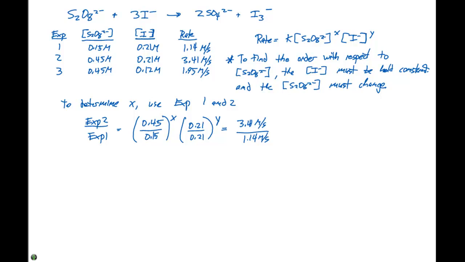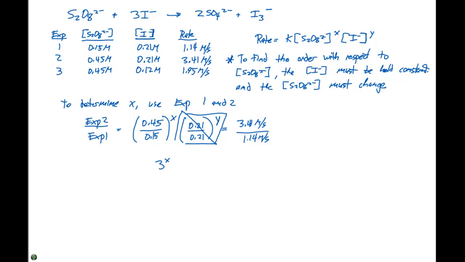As you can see, this term right here, 0.21 divided by 0.21, is going to be 1. So 1 to the y power is going to be 1, so we can ignore this term because anything times 1 is itself. So here we have 0.45 divided by 0.15, which is going to be 3.